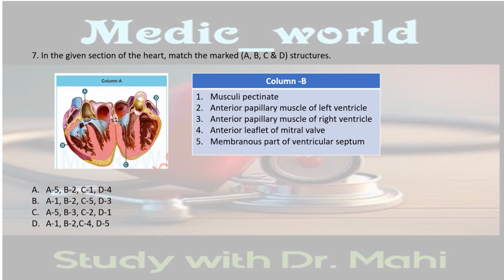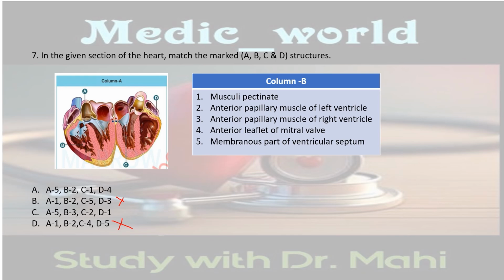Okay, let's see the options simultaneously. Here A is 5, so B and D are cancelled. Now next option, B. Let's identify B. B is the right anterior papillary muscles, and we have identified it as a right side, so B is 3.